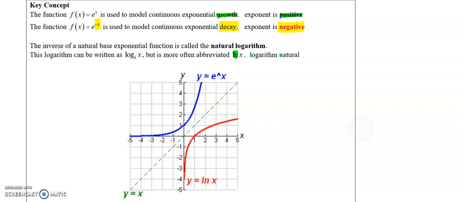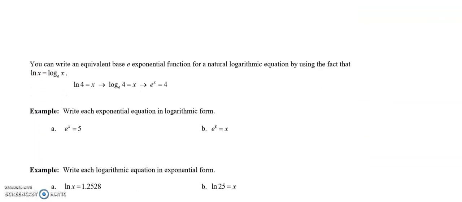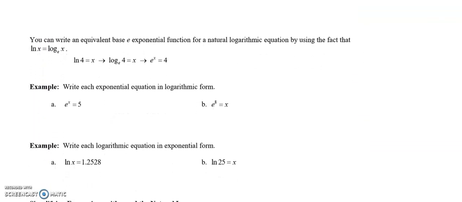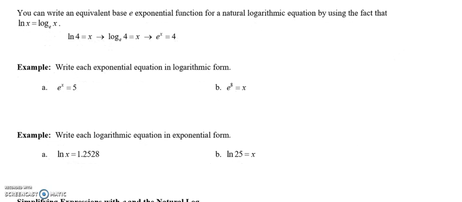All right, so how are we going to use this newfound e number? We can write the equivalent base e exponential function for a natural logarithmic equation by using the fact that the natural log of x is really just log base e of x.